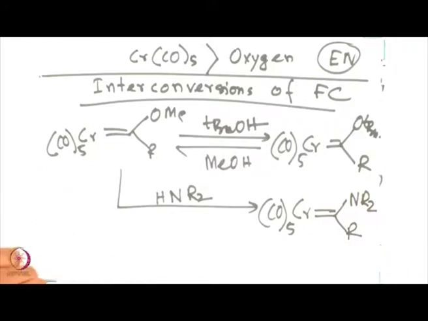Now, having said that, that sets up the right platform to do a number of interconversions. That tells you that if you have one Fischer carbene, from there on you can synthesize plenty of other Fischer carbene just by simply exchanging the different alcohol or different other amine.